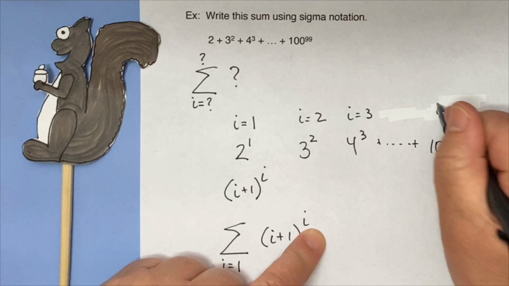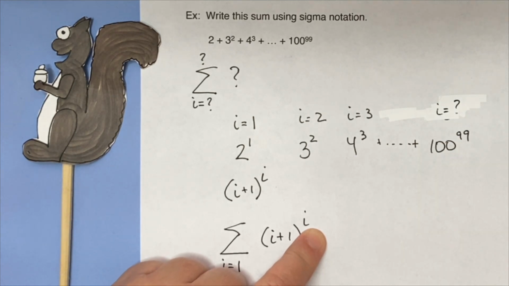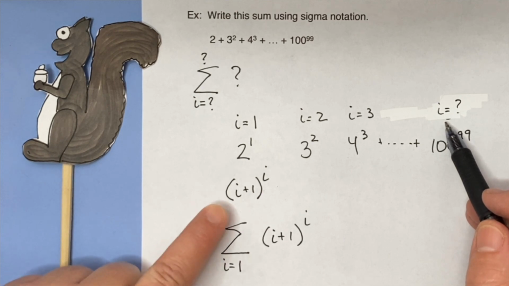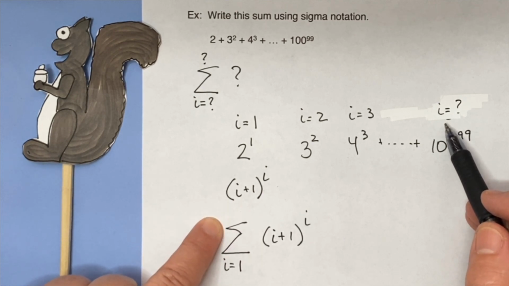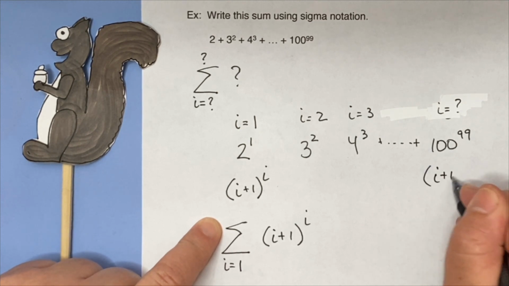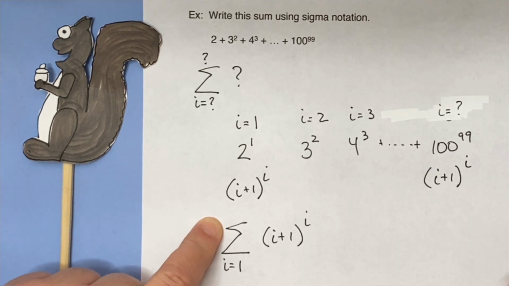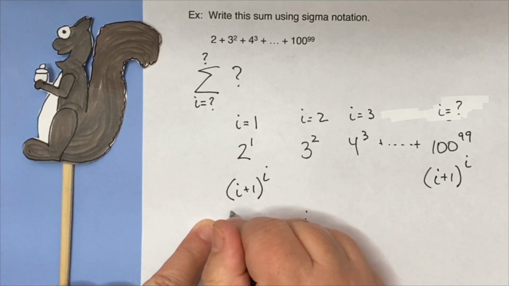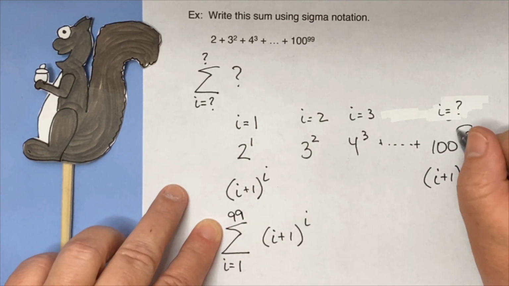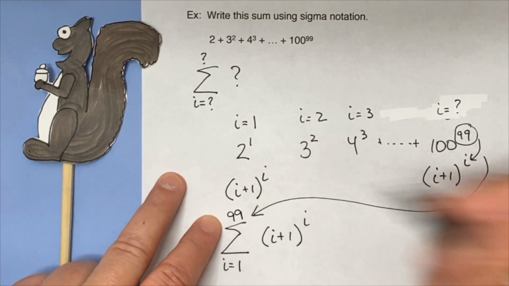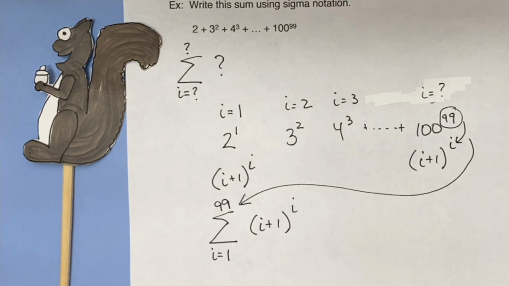Okay, so now I want to know, what is i at this point? When do I stop? Do I stop at 100? Should this be 100? And the answer is, if this is (i plus 1) to the ith, then i should be 99, right? So I think our summation looks like this.